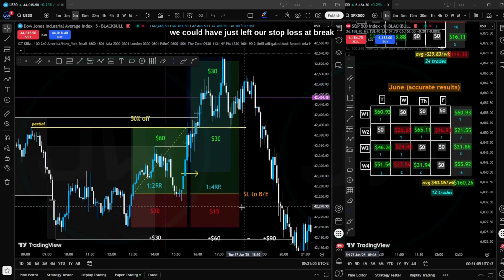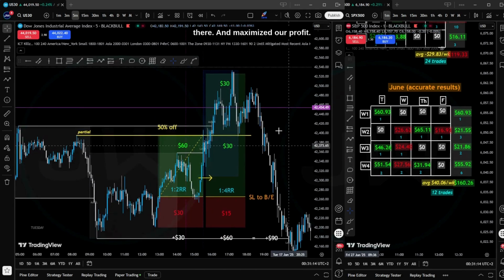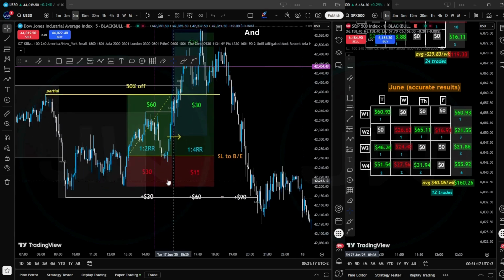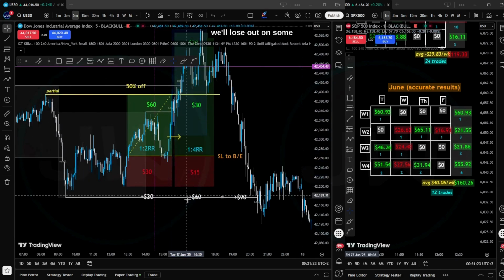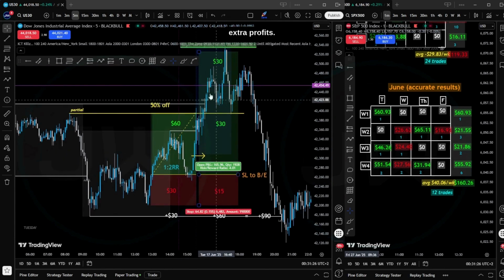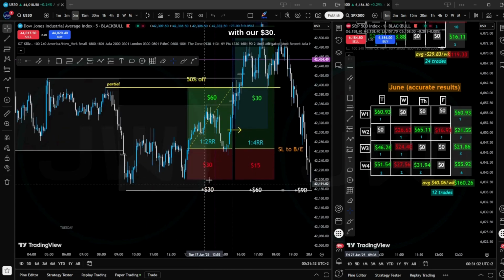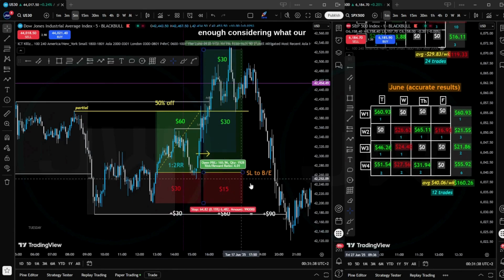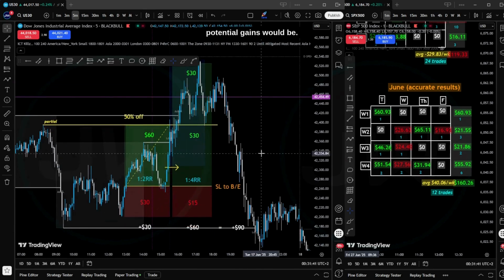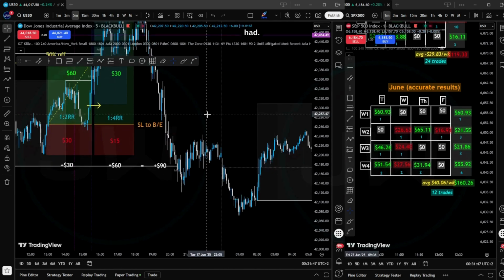But yeah, like I said, we could have just left our stop loss at break even and gone for the max win right there and maximized our profit. And without losing much. At most we'll lose out on some extra profits if it maybe hit a 1 to 3, but we took our minimum profits with our $30, and that's decent enough considering what our potential gains would be. And you can see that's 3 out of 3 examples of the wins that we had.